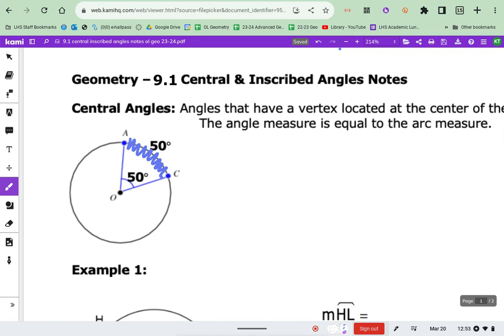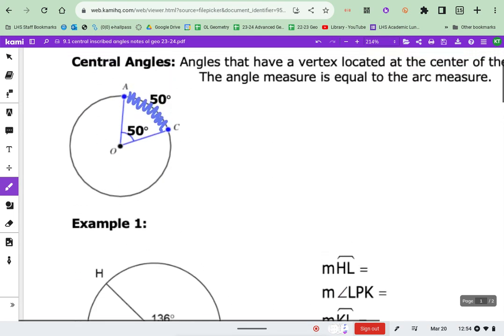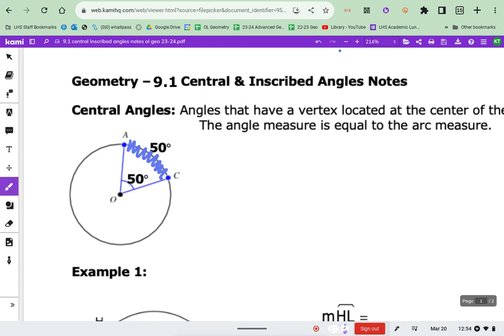And the intercepted arc degree measure is always the same as the central angle, which is kind of a cool fun fact. It's like if this is 50 degrees wide, this is 50 degrees wide. And this is for every time you have an angle when the vertex is on the center of your circle.